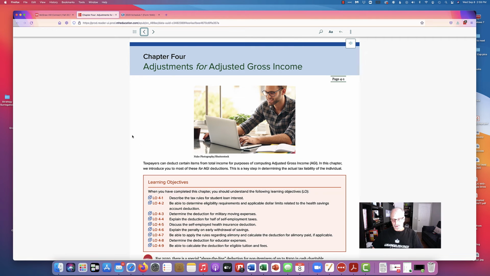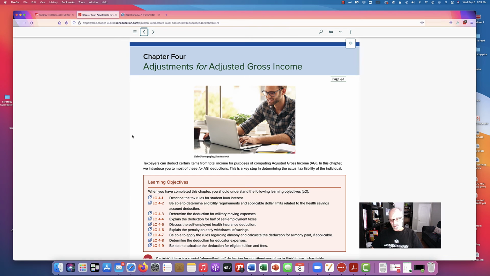The deduction is a maximum of $4,000, but can be smaller if the modified AGI, that's the MAGI we were talking about before, of the taxpayer exceeds certain limits. So again, we see that modified adjusted gross income is used in a lot of different places to determine whether or not you're eligible. Payments must be to a qualified educational institution and must be for a student taking one or more courses at that institution.